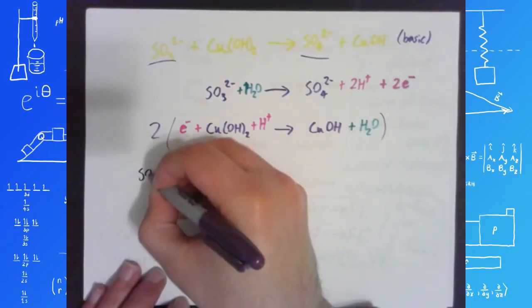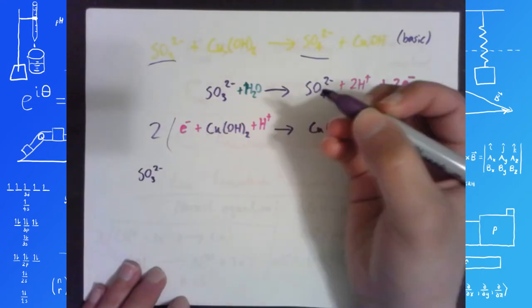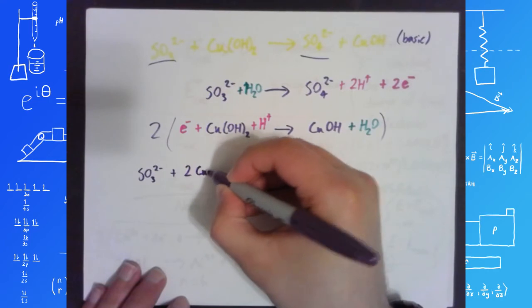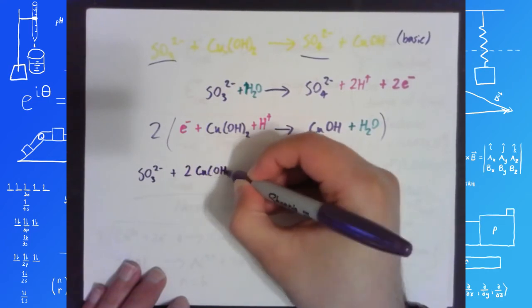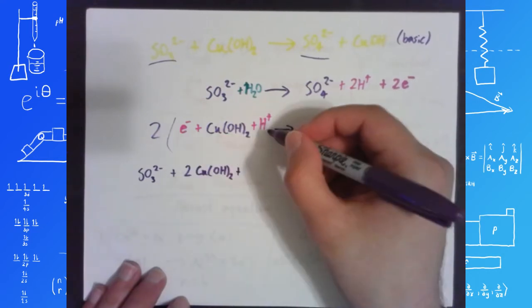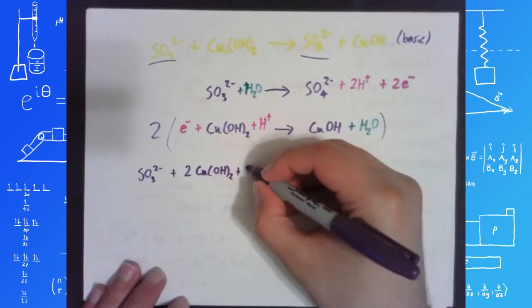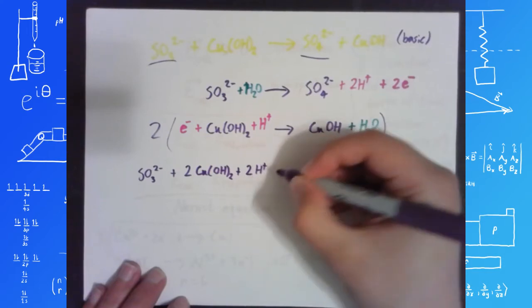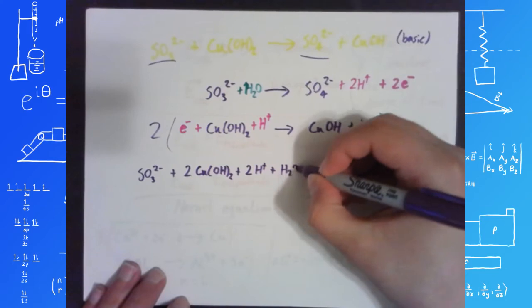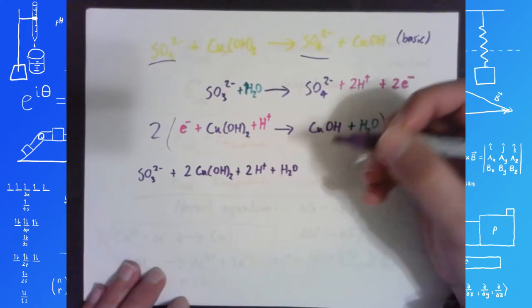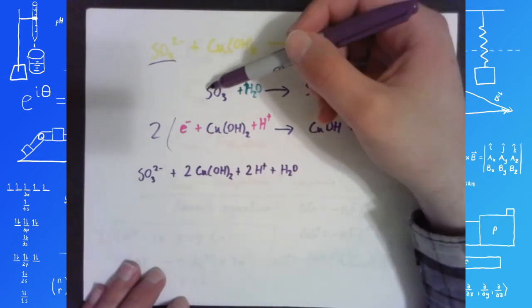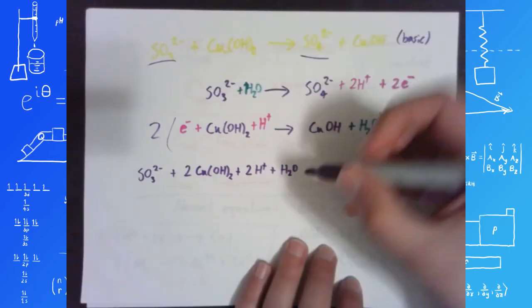So it's going to be sulfite plus 2 copper 2 hydroxide plus 2 hydrogen plus 1 water. Does that cover everything on the reactant side? Yeah, looks like it. We've got all our items.